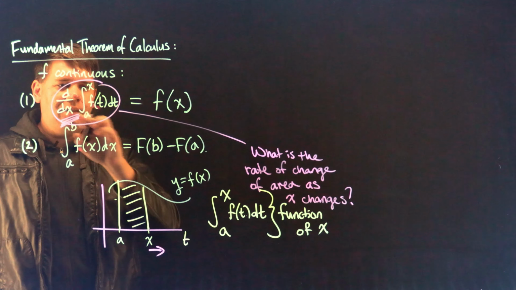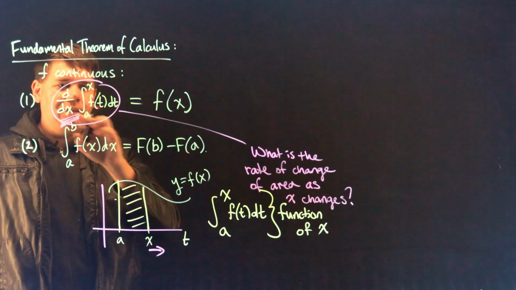If you're at x, f of x is your height. And so you can think the area is changing by adding another slice here. This slice represents your f of x, your height is f of x, and so as you change the area, you're adding little infinitely thin rectangles onto it.